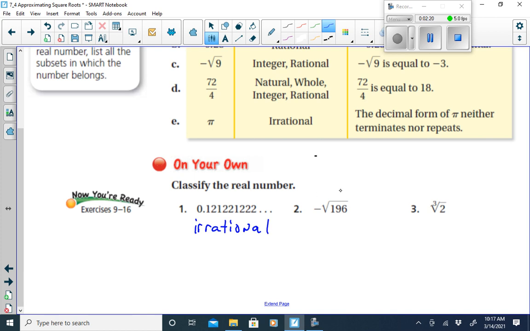Our next example is the square root of a number that is a perfect square number. 14 times 14 is 196. So if we want the opposite of the square root of 196, it's going to be negative 14. Here we're being asked for the cube root of a number that is not a perfect cube. So this would be an irrational number.